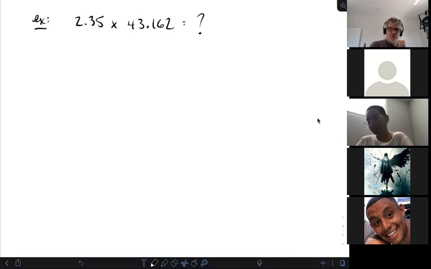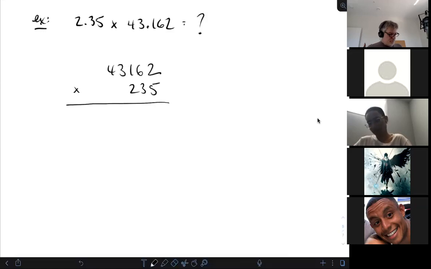I'm just going to remove them from my computation and just use that at the very end only. Okay. So here we go. I need more room than that. 43162 times 235. Again, you see the decimal point, I don't care. And again, I'm going to start on the right and move left.